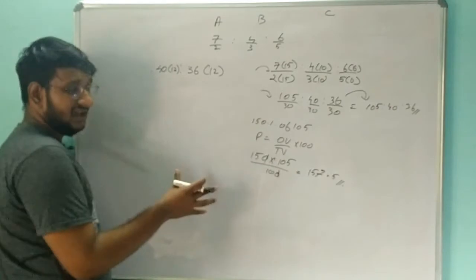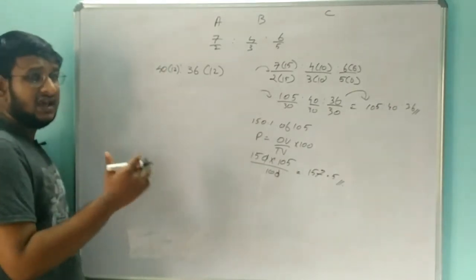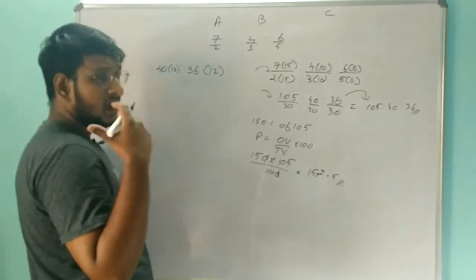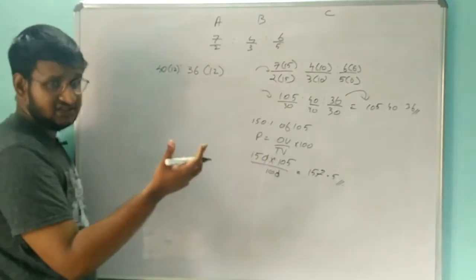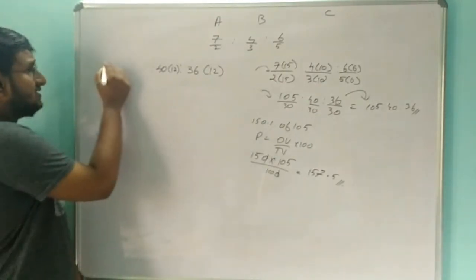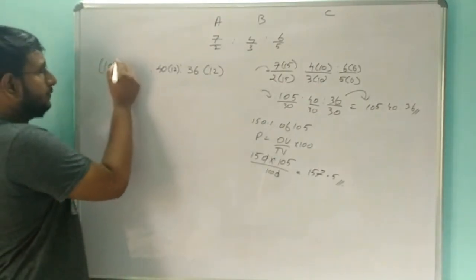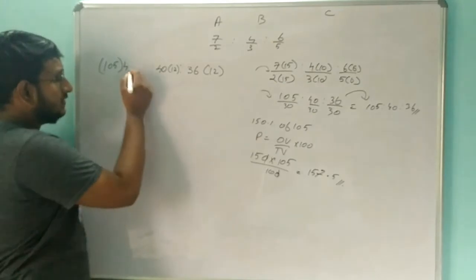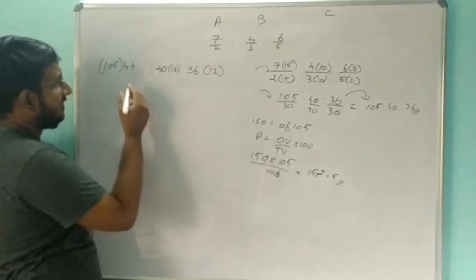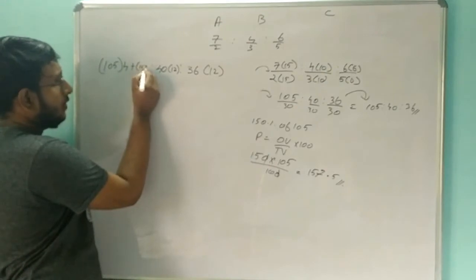But in case of A, he has increased his share to 150 percent. For the first 4 months he is having a share of 105 percent, and then for the rest of the 8 months, that is the rest of the year, he has a share value of 157.5.